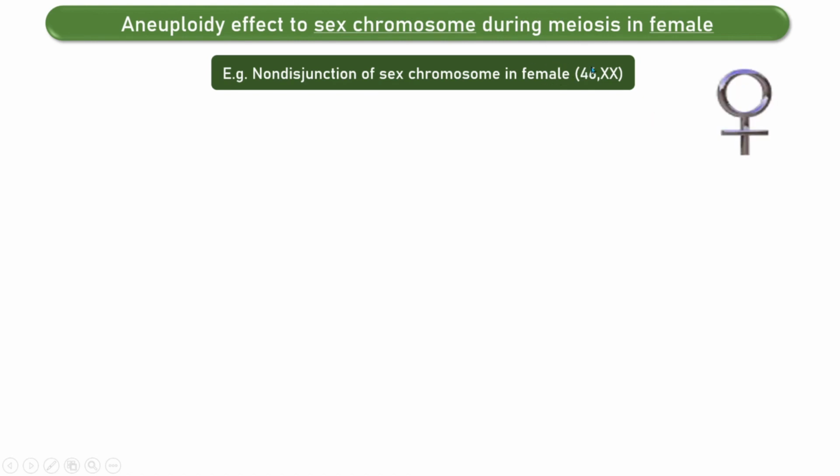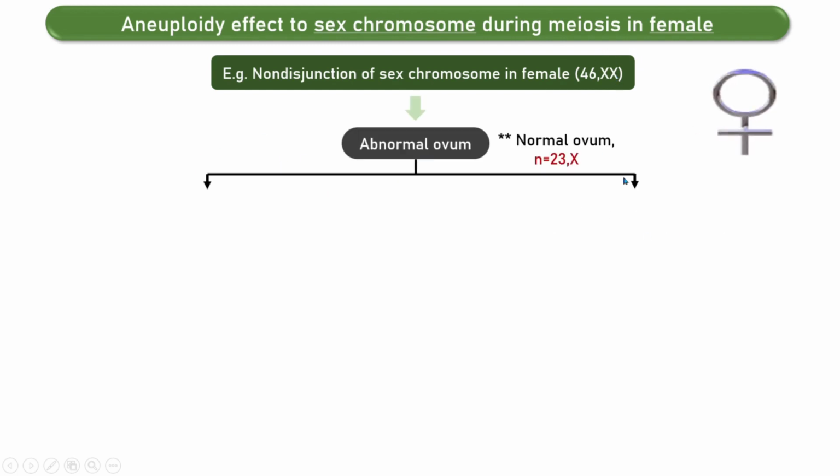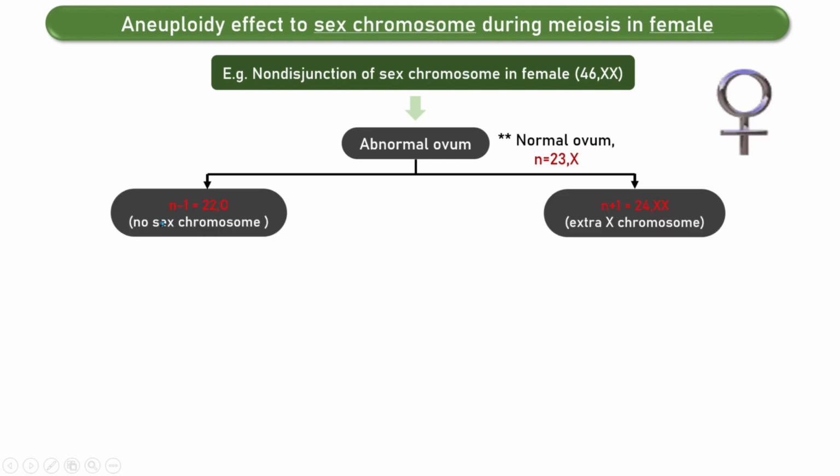So female has 46 chromosomes with XX sex chromosome. 2 types of abnormal ovum can be produced: N-1 with no sex chromosome, and N+1 with extra X chromosome, where the number of chromosomes in an ovum is 24 with XX sex chromosome. Normal ovum is 23 chromosomes with only one X chromosome.